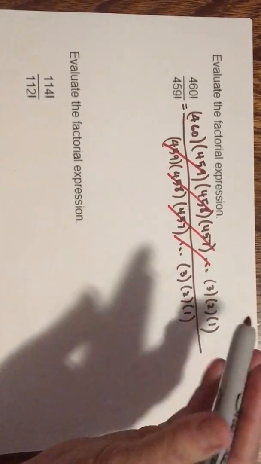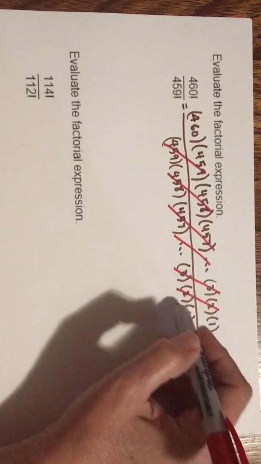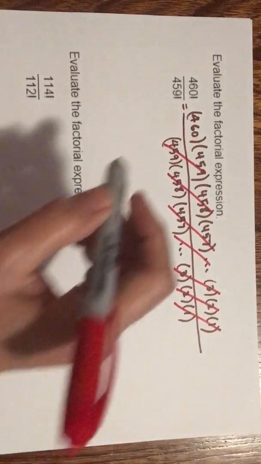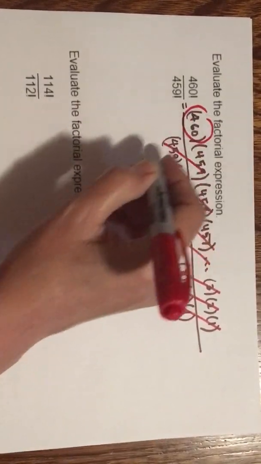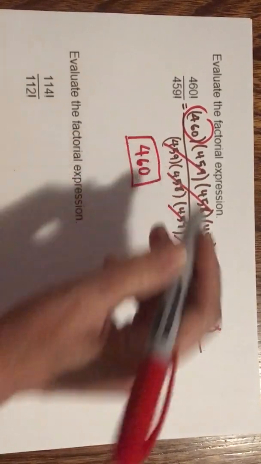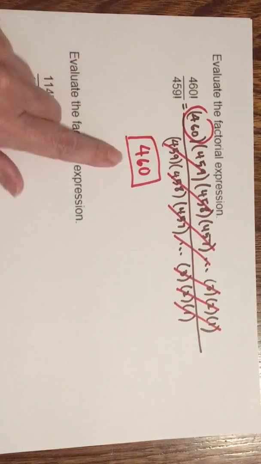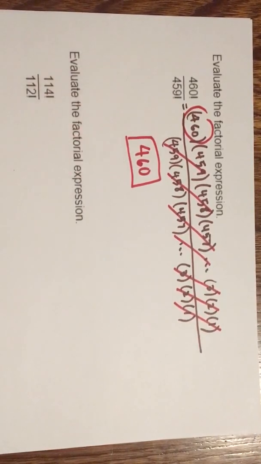Then if I'd written 456, 455, 454, they all cancel. 3, 2, 1. A lot of the numbers will cancel out. Look what you're left with. We're left with 460. So the answer to this problem, 460 factorial divided by 459 factorial, does equal 460.